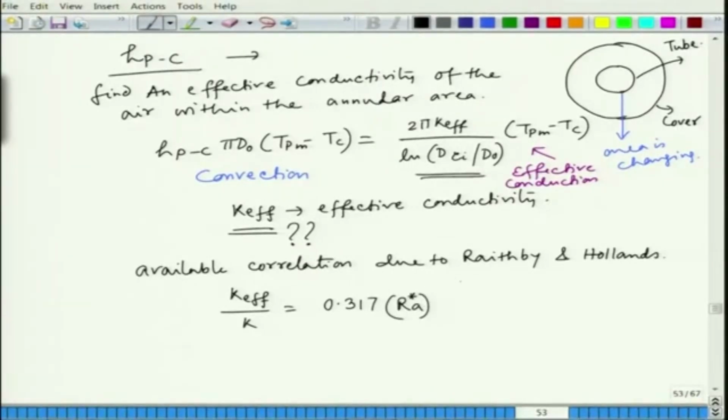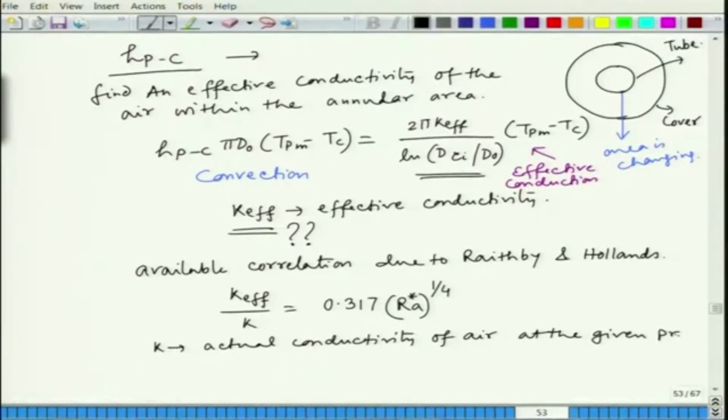This is the modified Rayleigh number to the power 1/4. Okay. So, here K is the actual conductivity of air at the given pressure, because you can also evacuate this portion, right.